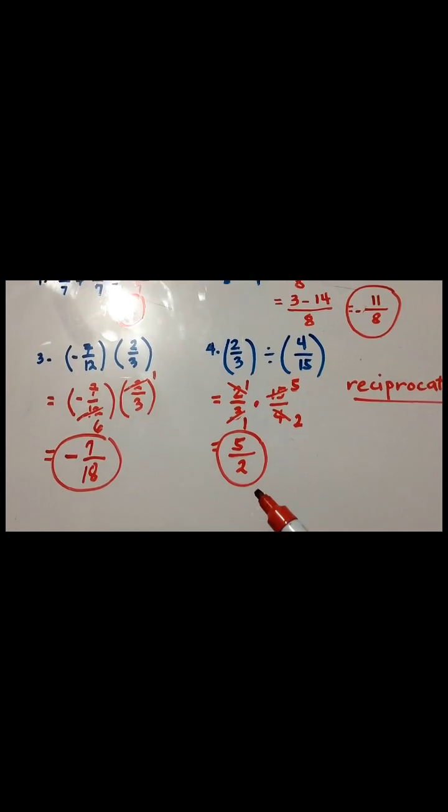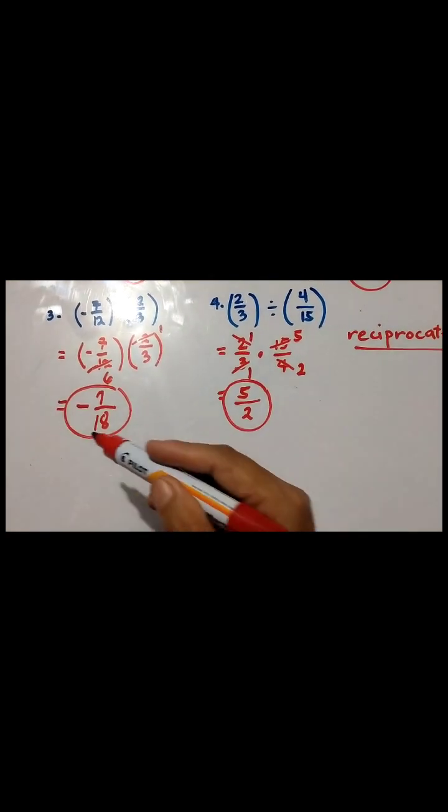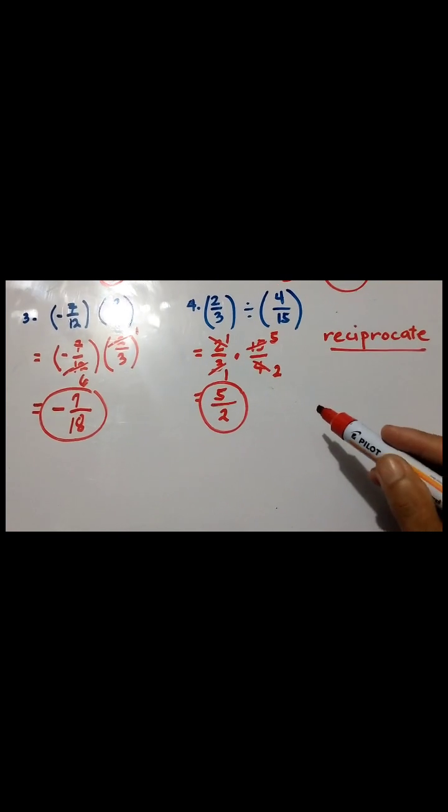Now let us try a complicated number. So let's have number 5.